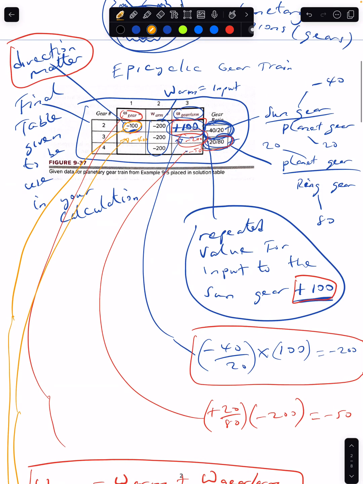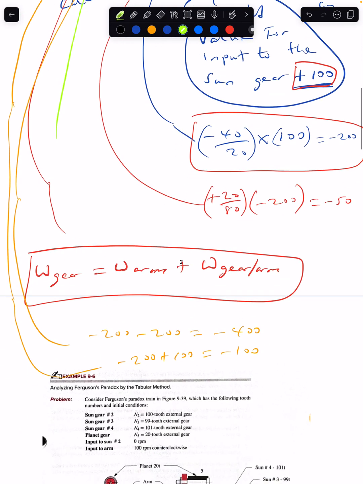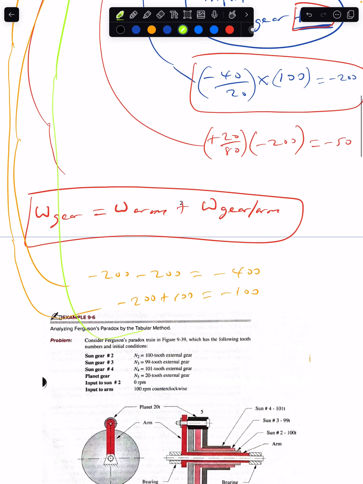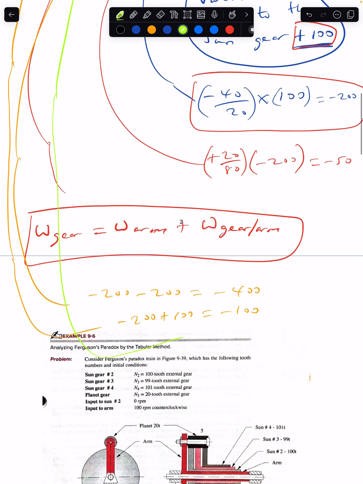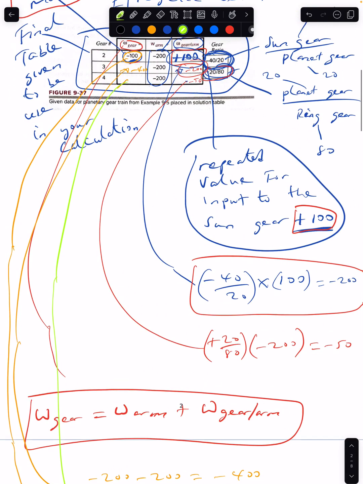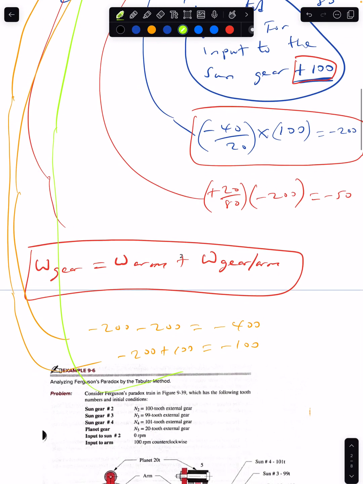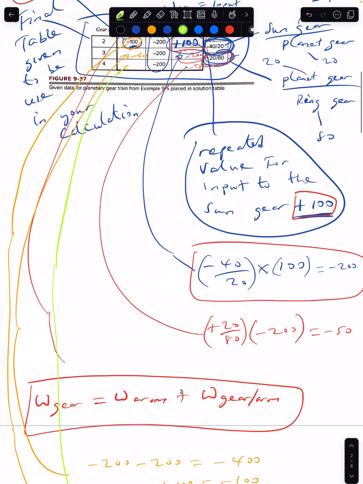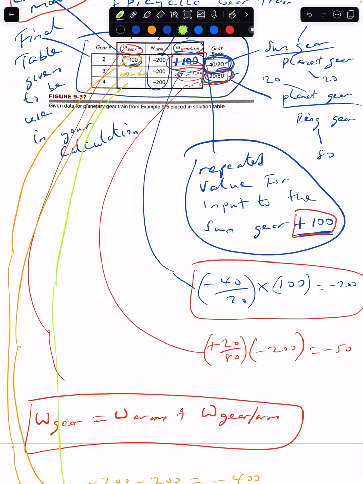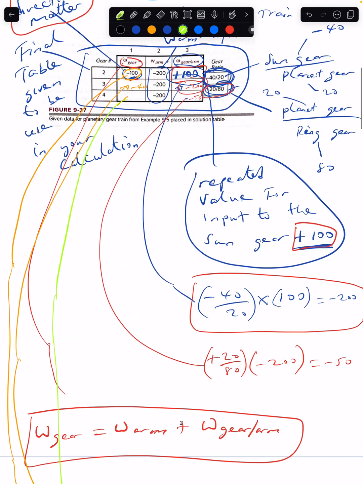And then the last angular velocity for gear, which is this side, let me use a color that is quite different now, so you can clearly see the writing color. I'm going to use angular velocity for arm, which is minus 200.